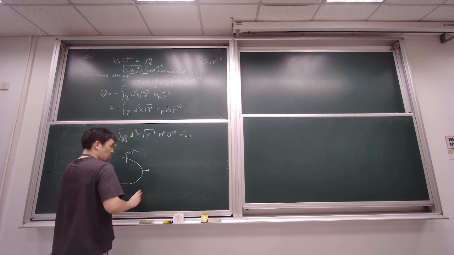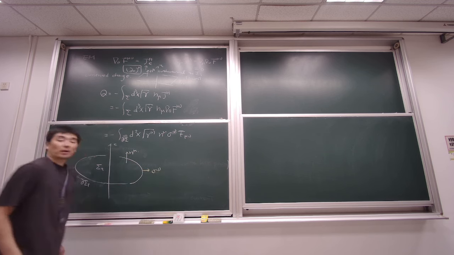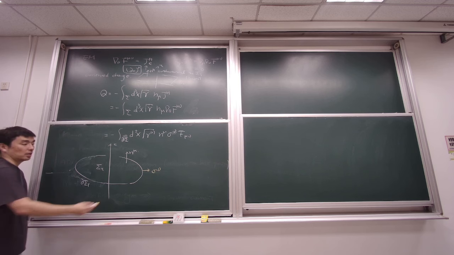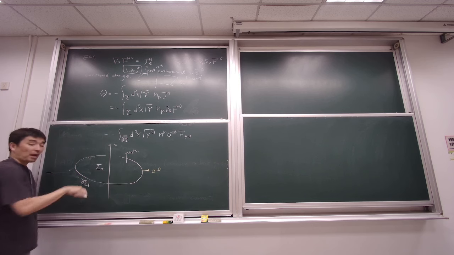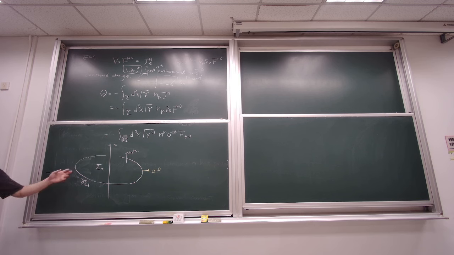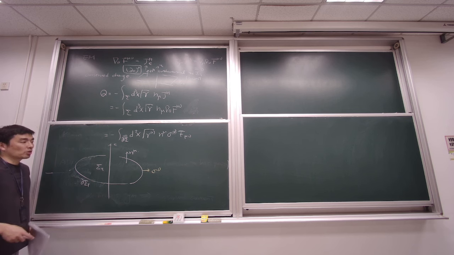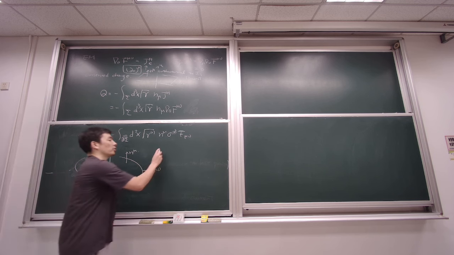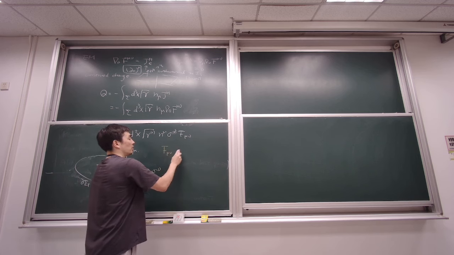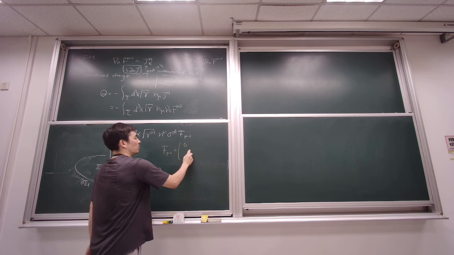That's what you learn in electromagnetism, that essentially F mu nu is something like 0 0 0 0.